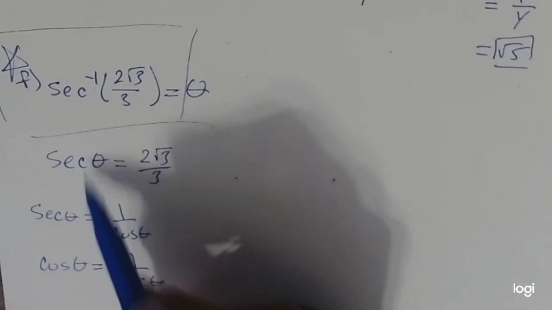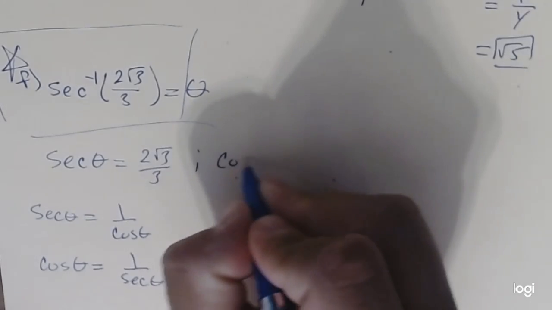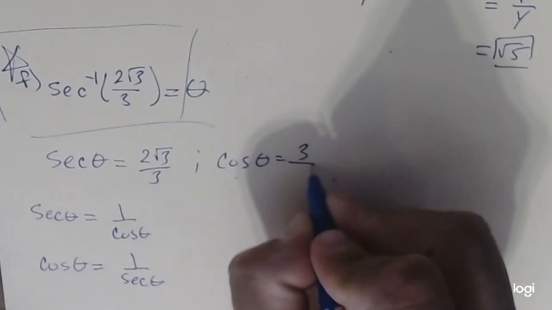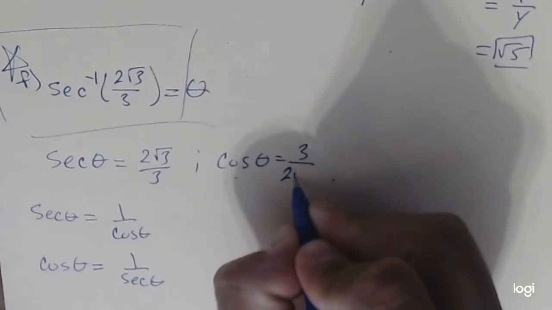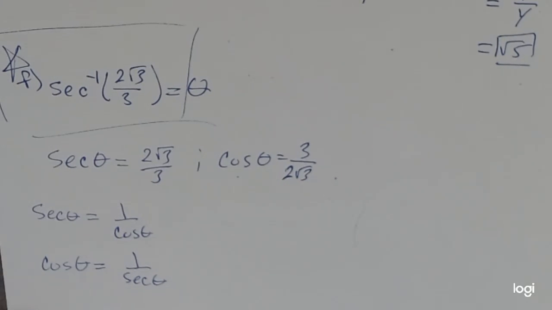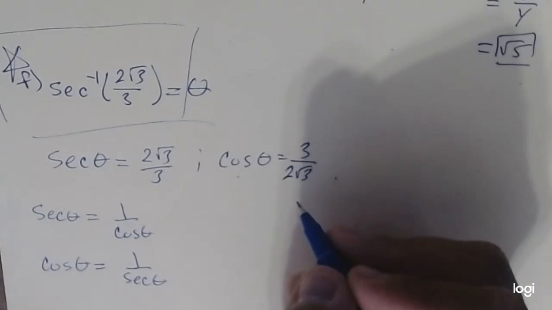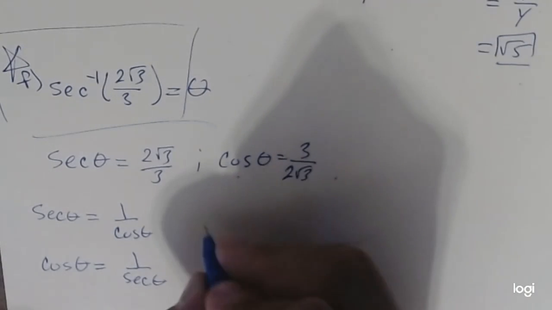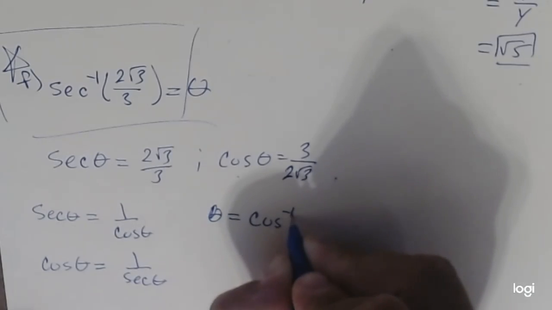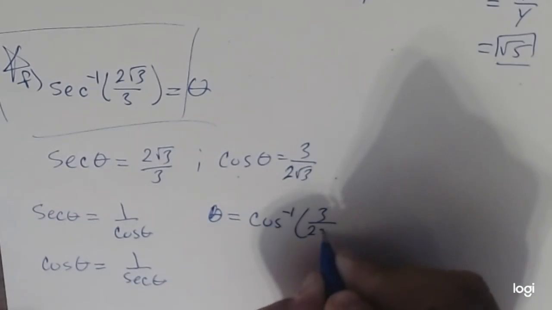So if I convert this into cosine now, all I'm doing is swapping everything around. So this is 3 over 2 radical 3 at the bottom now. Okay. Now, we actually don't even know what that is, and that's pretty much all we can talk about. So since you actually want to find theta itself, all we're really going to do is take the inverse of it. So theta is equal to cosine inverse of exactly that.